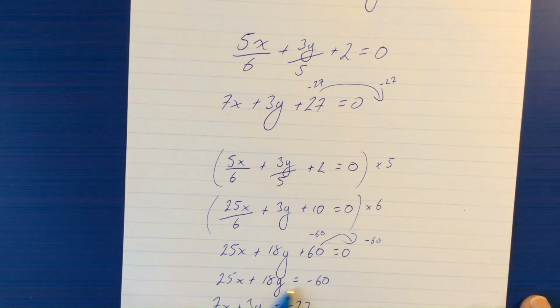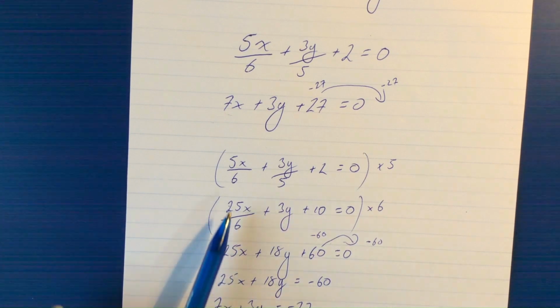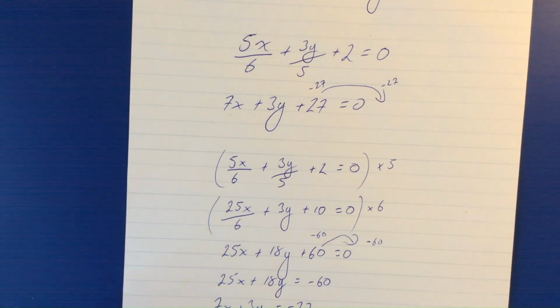Right. Well, neither of these equations, and really none of these expressions, are amenable to being reduced in a way that's particularly meaningful. I mean, if I tried to divide through here by 6, I'd be back at this.